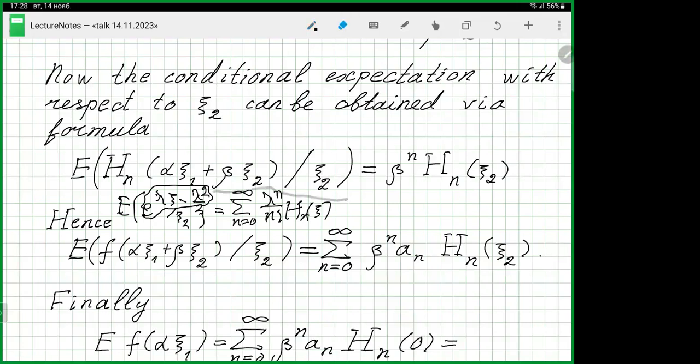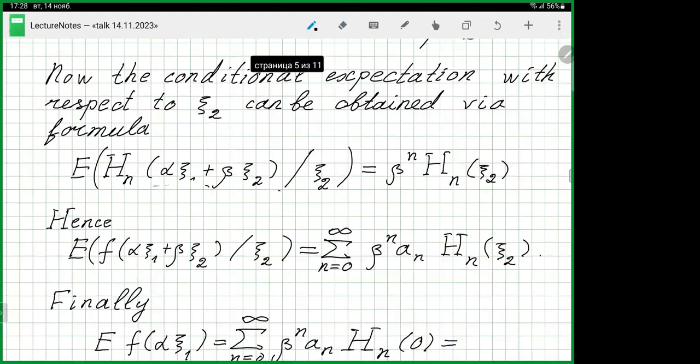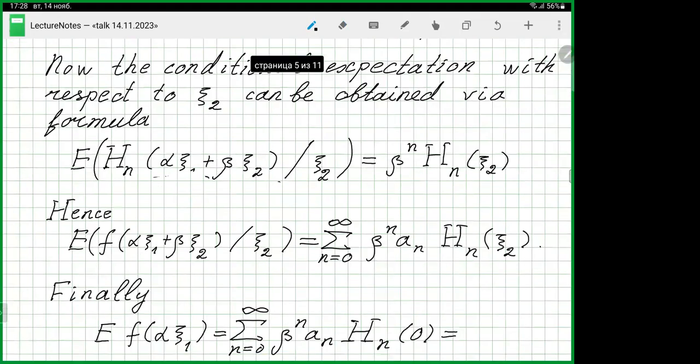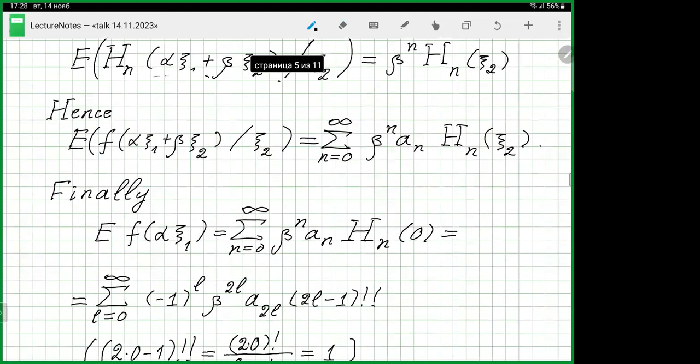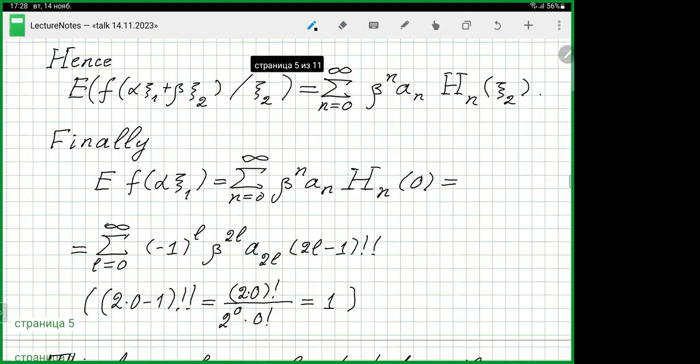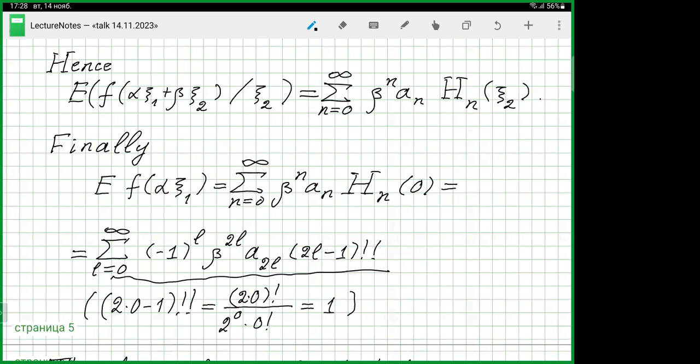And by the way, we get the following formula, where this is the answer. This is the answer for our expectation in terms of coefficients of expansion of our initial function into the series of Hermite polynomials.